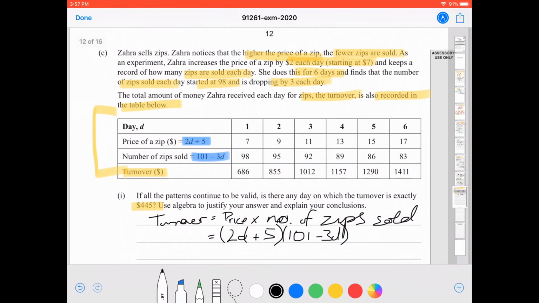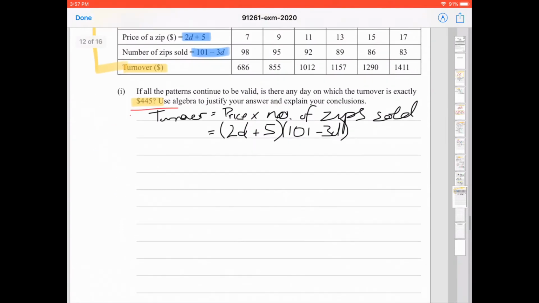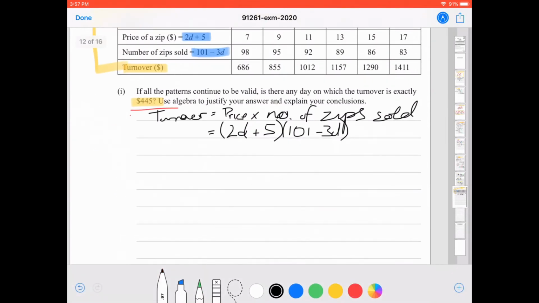Now the question is asking, if the patterns continue to be valid, is there any day in which the turnover is exactly 445? So we are going to substitute 445 into our equation. Like that. And here, the question is asking for any day. So we're looking to solve for D. So let's go ahead and expand our brackets.